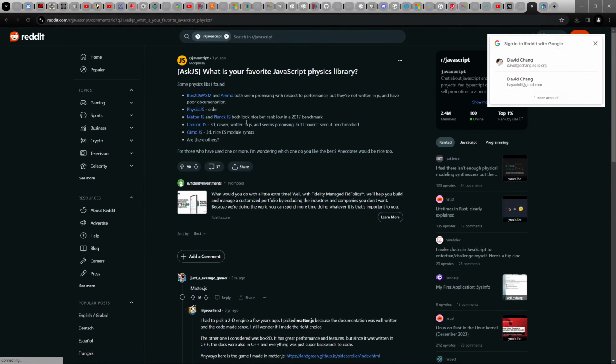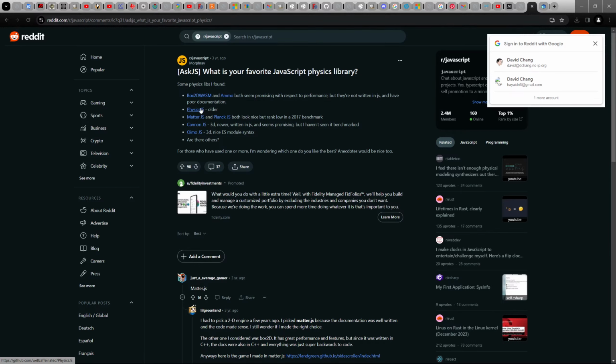Physics library. Okay, so Matter.js might not be the most performant. Promising with respect to performance, not written in JS and have poor documentation.